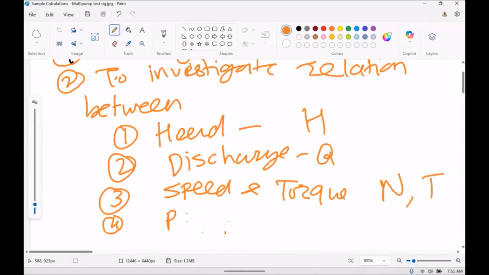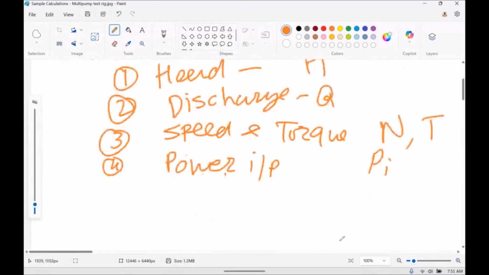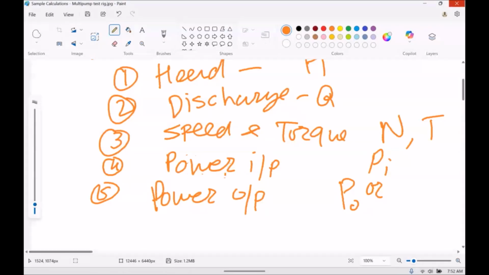Number four, power input, denoted by PI. Then next we are going to find power output, also called hydraulic power, PO or P hydraulic.